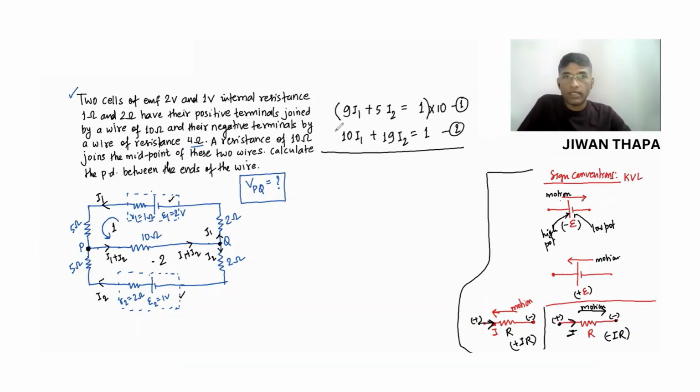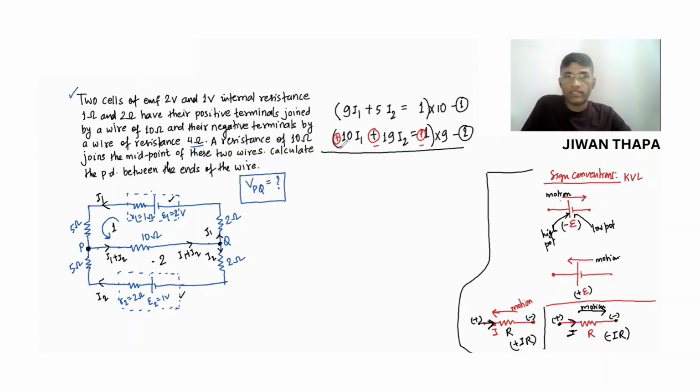And let us multiply equation 2 on both sides by 9. This is equation 2. And let us subtract.